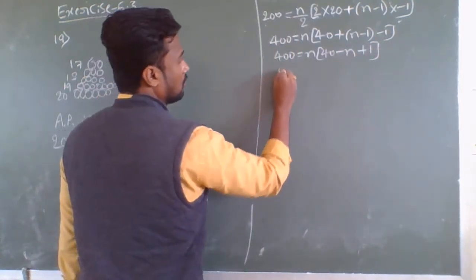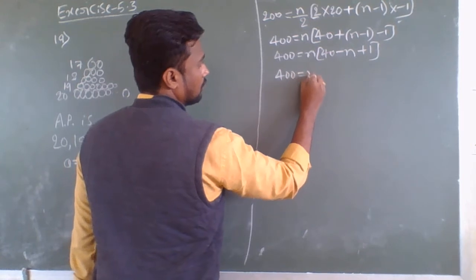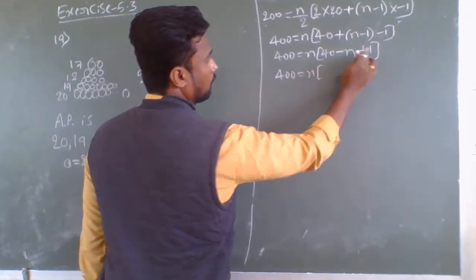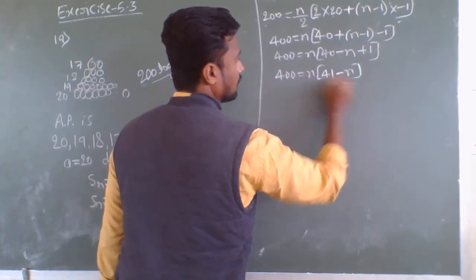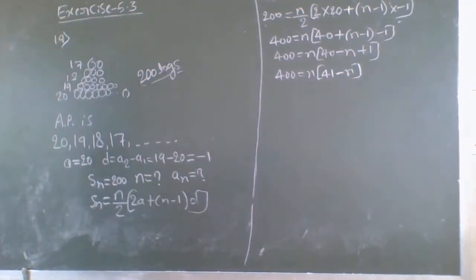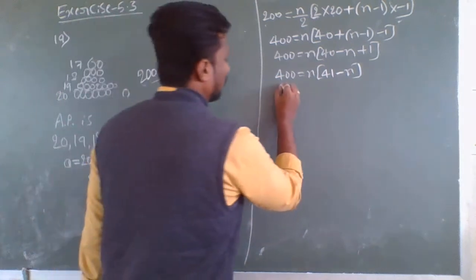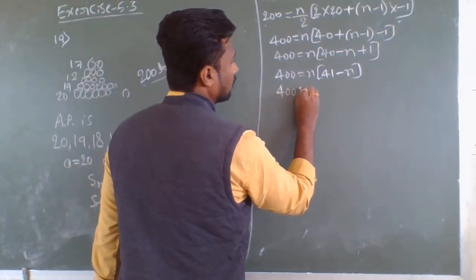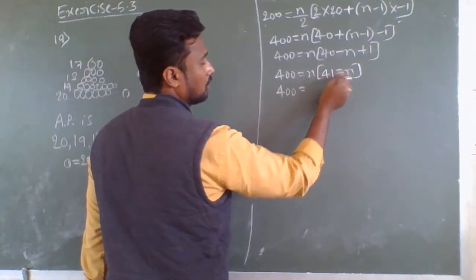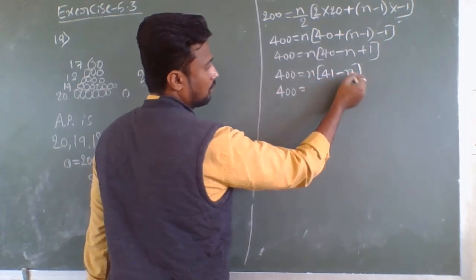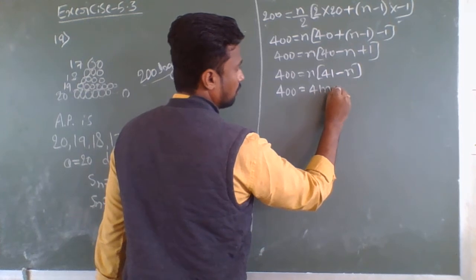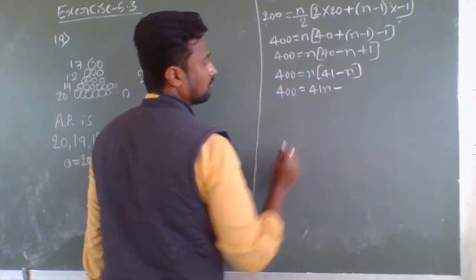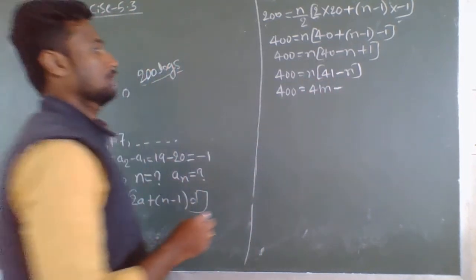So now 400 is equal to n into bracket 40 plus 1, which is 41, minus n. Now I will multiply this n with these terms: 41n minus n into n, which means n square.